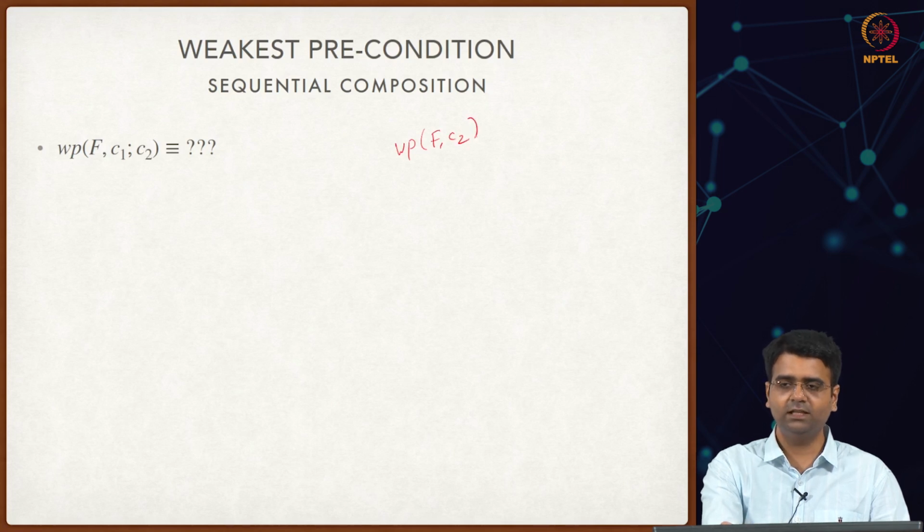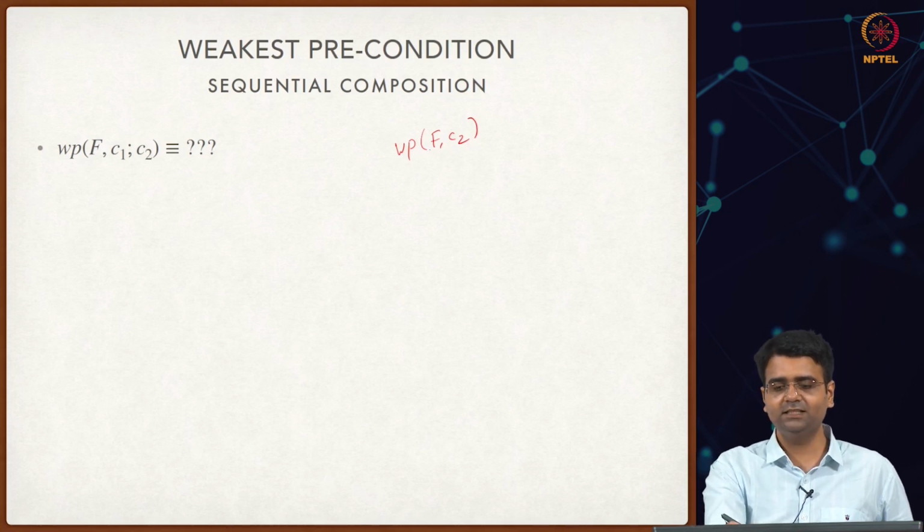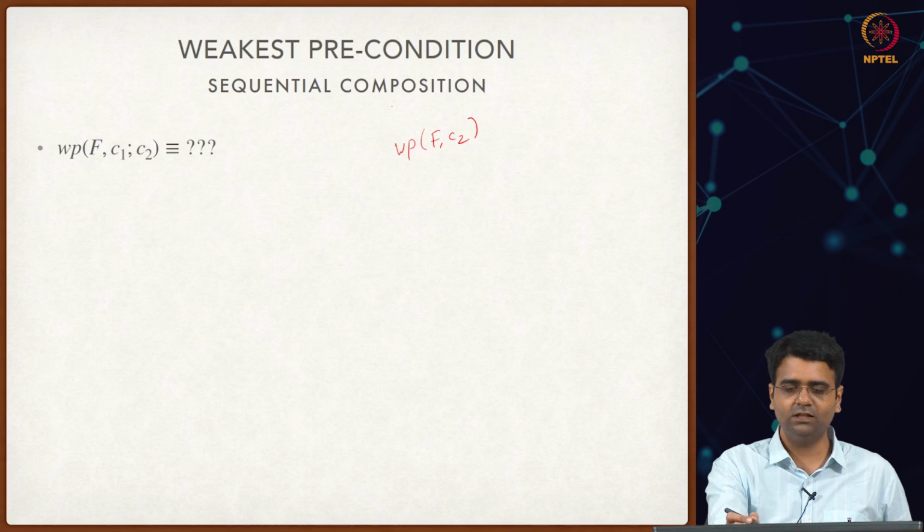This gives you the set of states such that on executing C2, you are guaranteed to be in a state in f. And now we can take this as input for the weakest precondition for C1, so weakest precondition of this particular formula with C1.